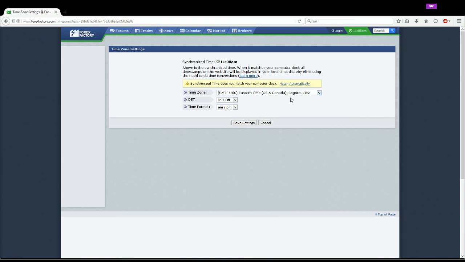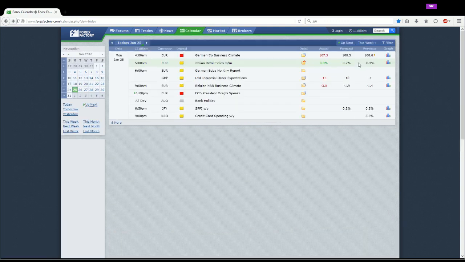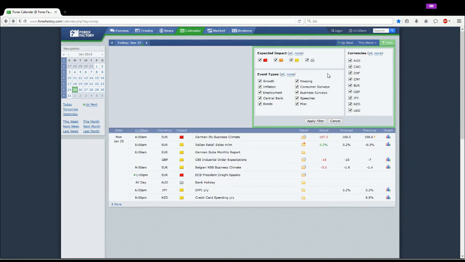Go here and choose whichever time suits your area, and after that you go to filter, and you choose what kind of news you want to see.